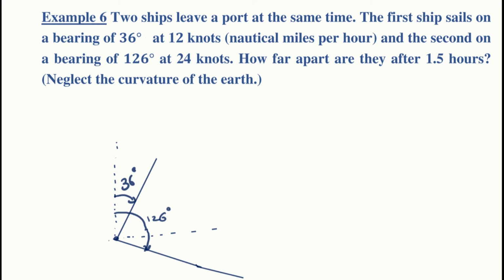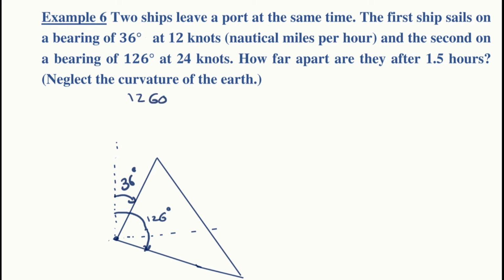So what we're trying to find is that distance. We're trying to find how far apart they are after an hour and a half. So notice that this angle right here is going to be 126 degrees take away 36, right?